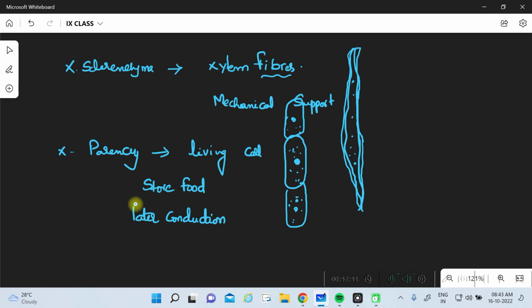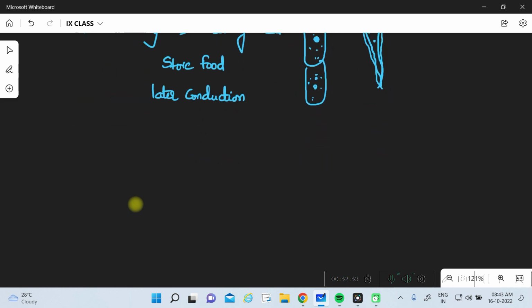As a whole, when we talk about the functions of xylem, one, it helps in conduction of sap.